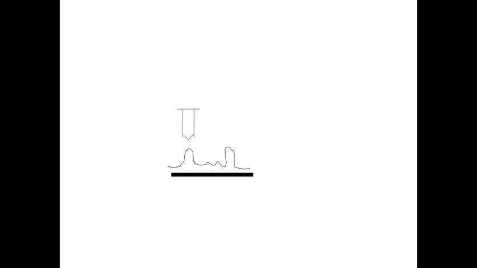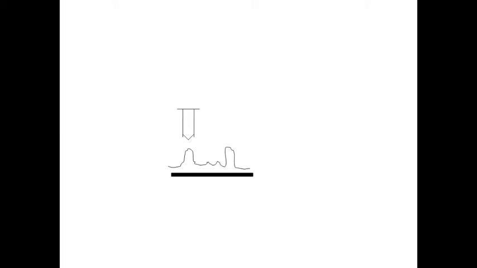Now see here, if the sample is up and down, up and down, and the distance between the tip and the sample surface is less, then the current is more, and if the distance is high, then the current is less.